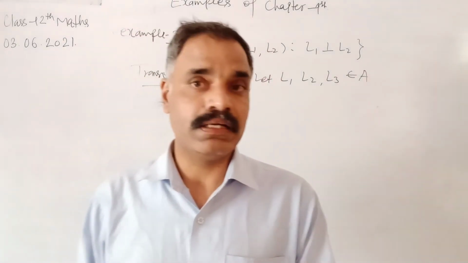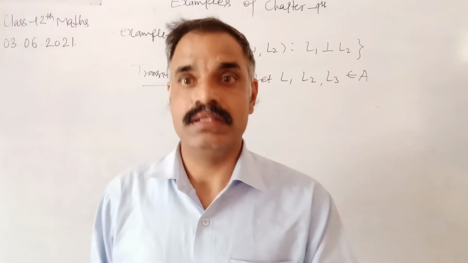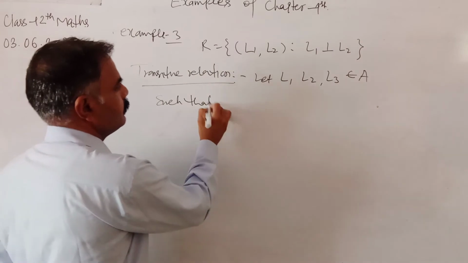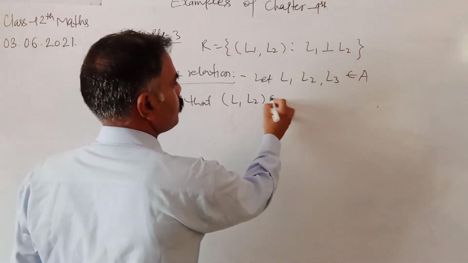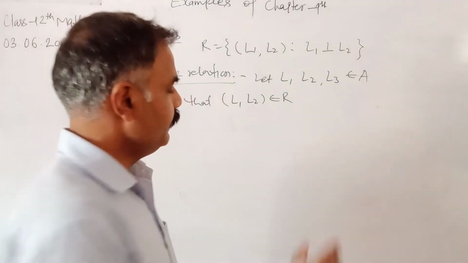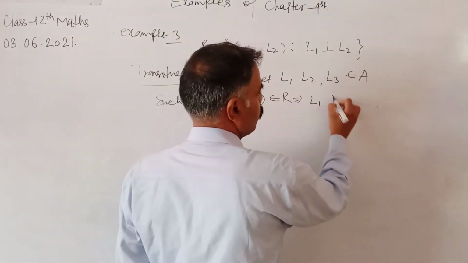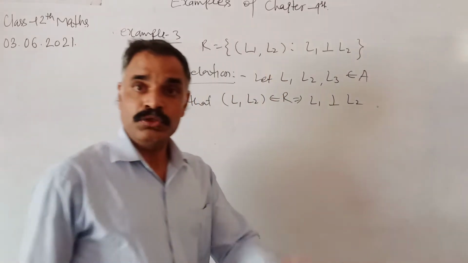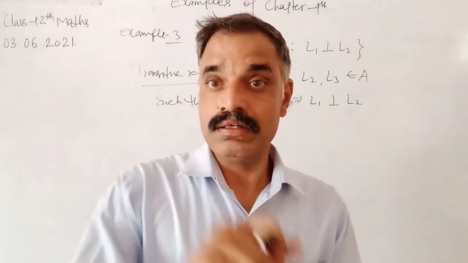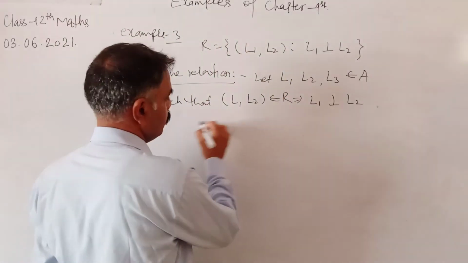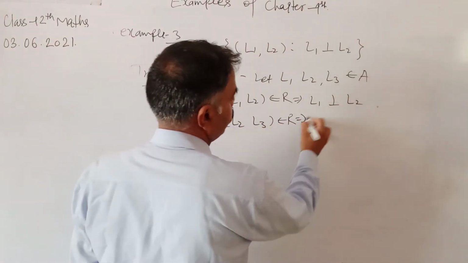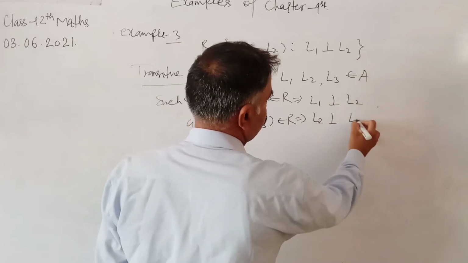Here we are taking only three lines, L1, L2, L3, such that (L1, L2) belongs to R, means L1 and L2 are following the given relation, means L1 is perpendicular to L2. (L2, L3) also follows the given relation, means L2 is perpendicular to L3.